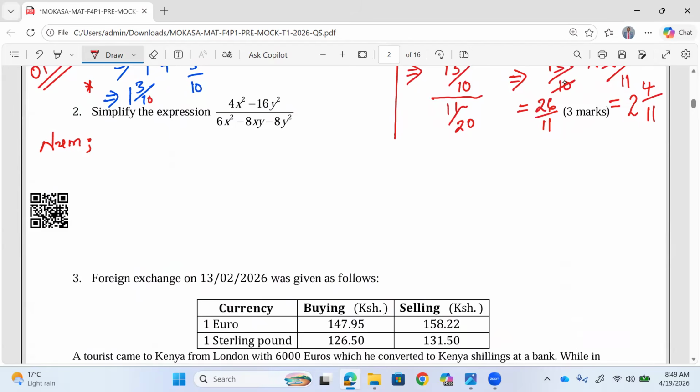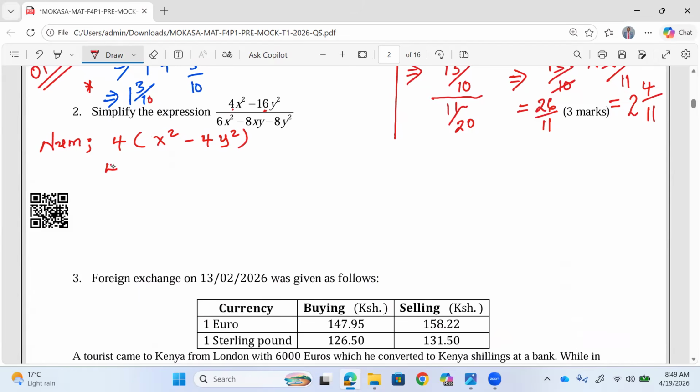But when you observe very keenly again, you see that 4 is common in 4 and 16. Therefore, when you factor out 4, the expression still remains a difference of two squares. So you factor out 4, and what is in brackets is still a difference of two squares.